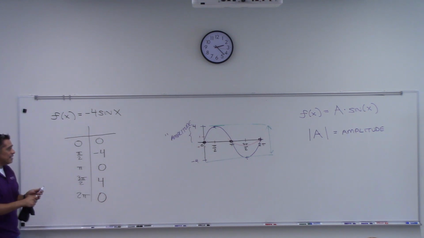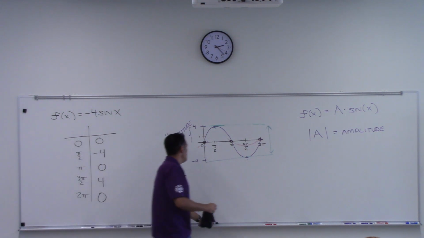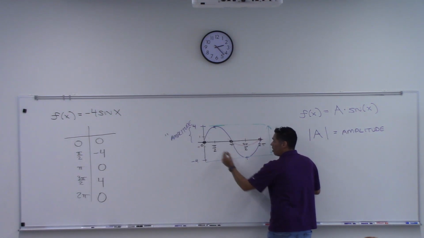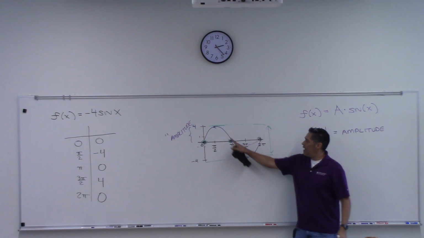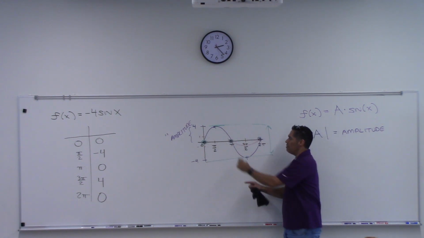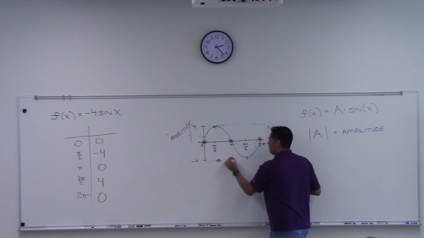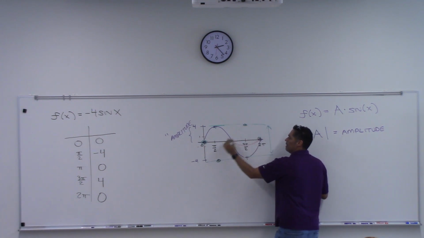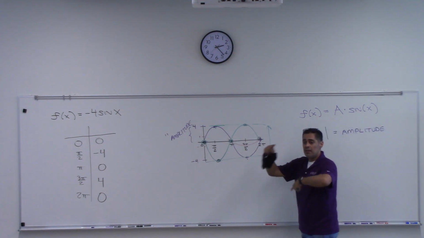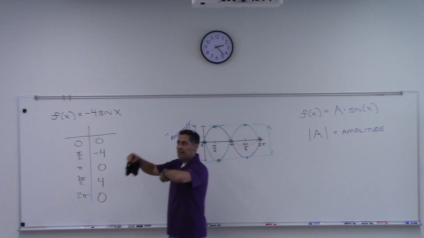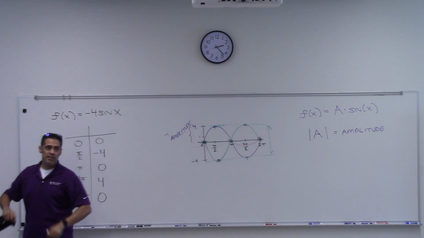So that has the effect of putting all these x-intercepts in the same place, right? But it's these two values that now change positions. So instead of being up here, it's down here. Instead of being down here, it's up here. And now your graph looks like this instead. So it had the effect of flipping it over, reflecting it over the x-axis.